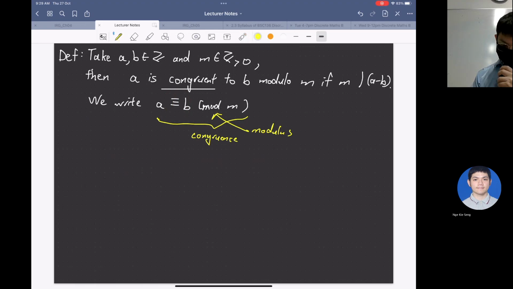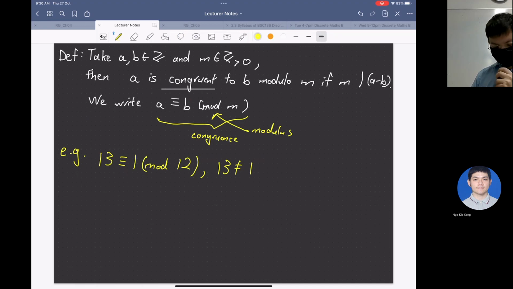For example, just now we said 13 is congruent to 1 mod 12. So 13 is not equal to 1, right? 13 is not equal to 1, but in the world of modulo 12, they are equal.